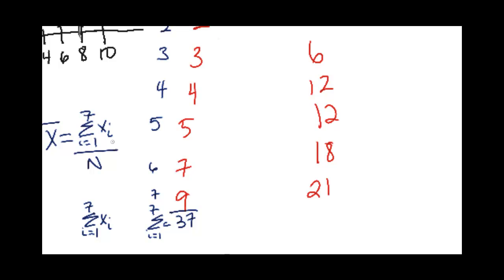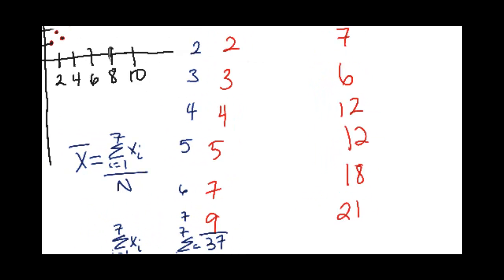So when you do that, 37 over 7 is equal to 4.43. So that's your x bar right there.